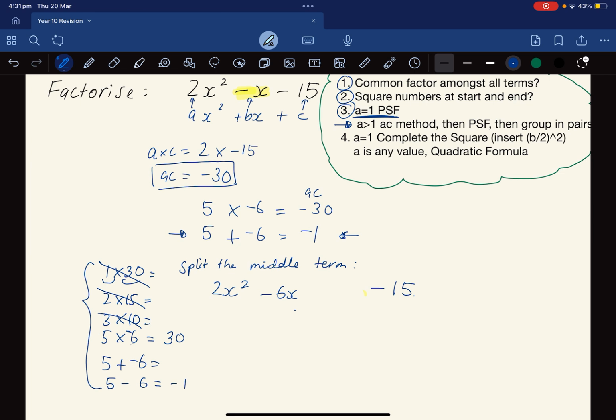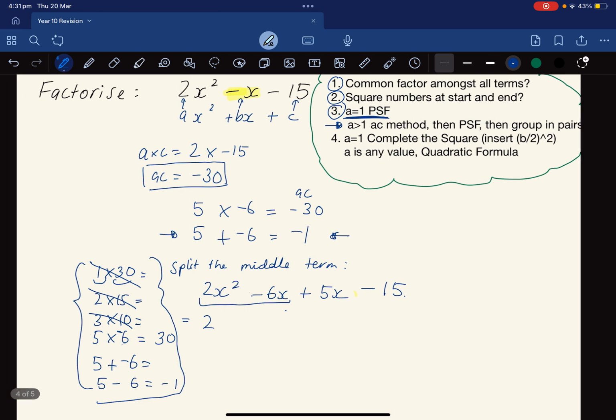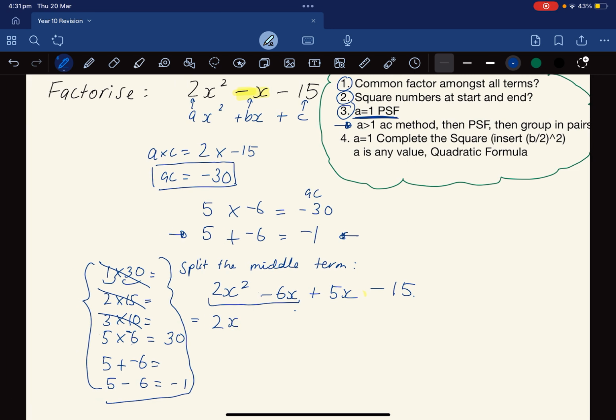Negative 6x plus 5x. Now let's try to factorize. Highest common factor at the front is 2, and then you look at your variables, 2x. 2x times x gives 2x squared. 2x times negative 3 gives negative 6x.